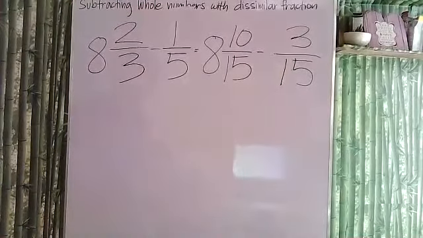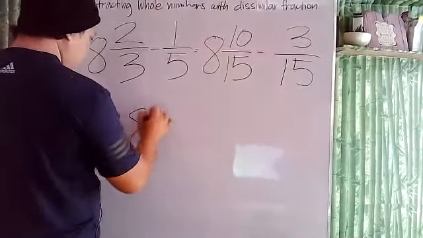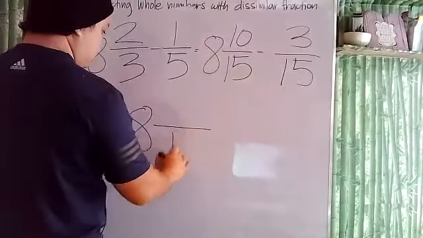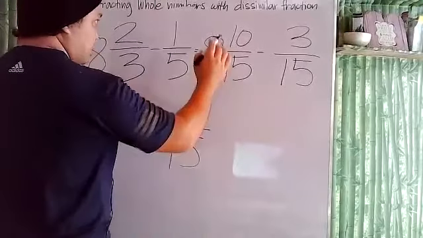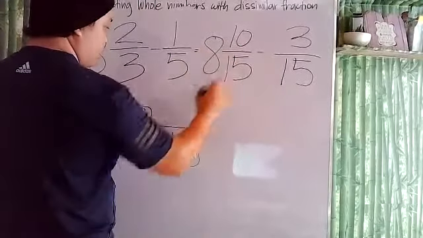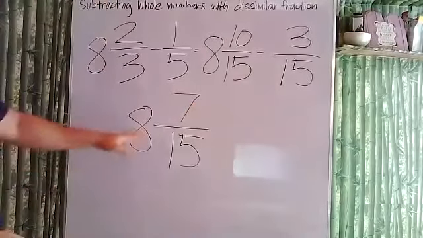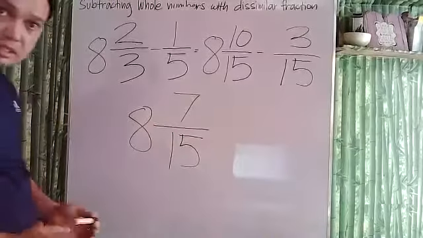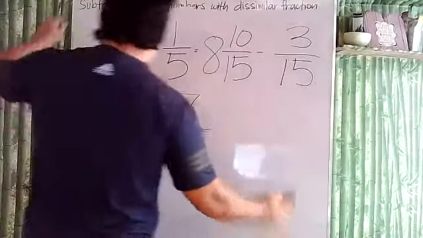Now let's subtract. 8 minus nothing is 8. So our denominator is 15. And our numerator, let's subtract 10 minus 3, that is 7. Okay. For our final answer, that's 8 and 7 over 15.